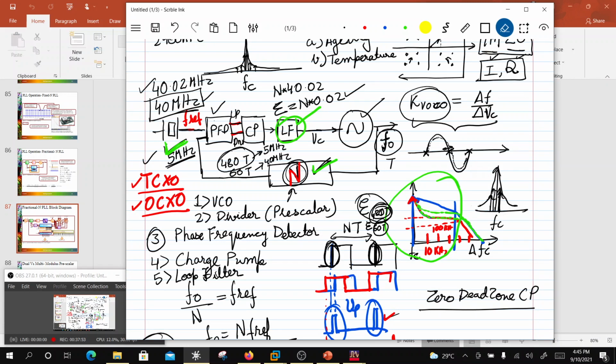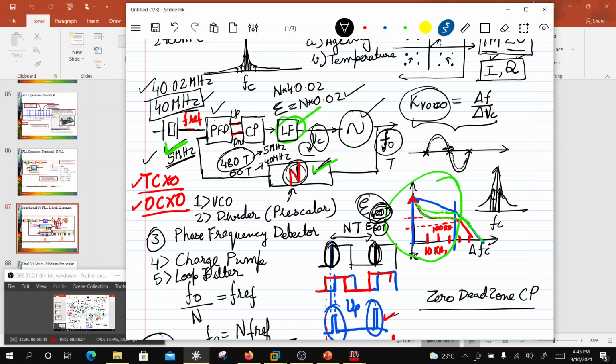And why would this work? It would work because this loop is a low pass system. So we are fooling the system here, in the sense that this VCO is responding to a low pass signal. Because of the loop filter, it is responding to a slower signal on VC. If the signal on VC is large, then the VCO is not responding, because it is a low pass system.